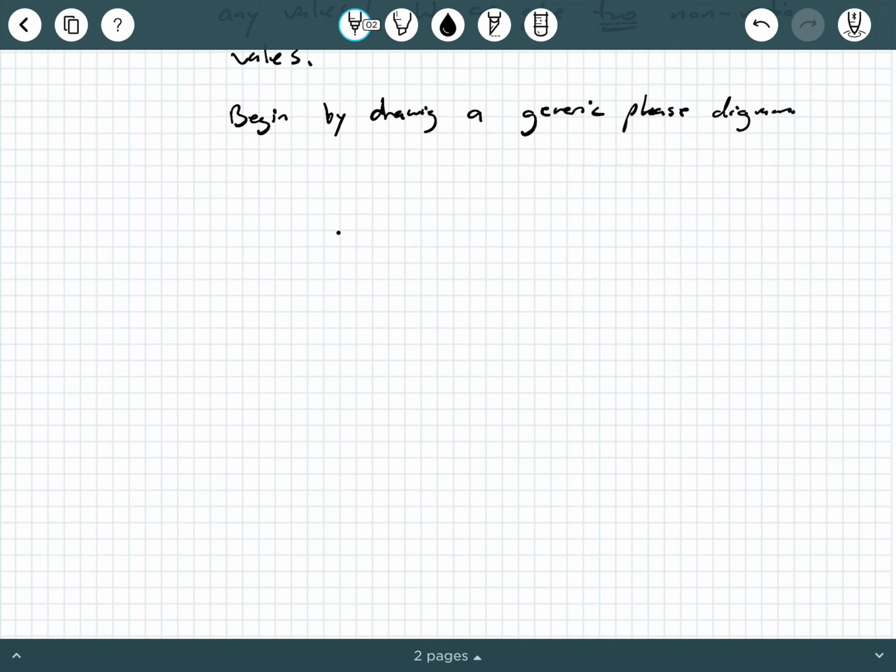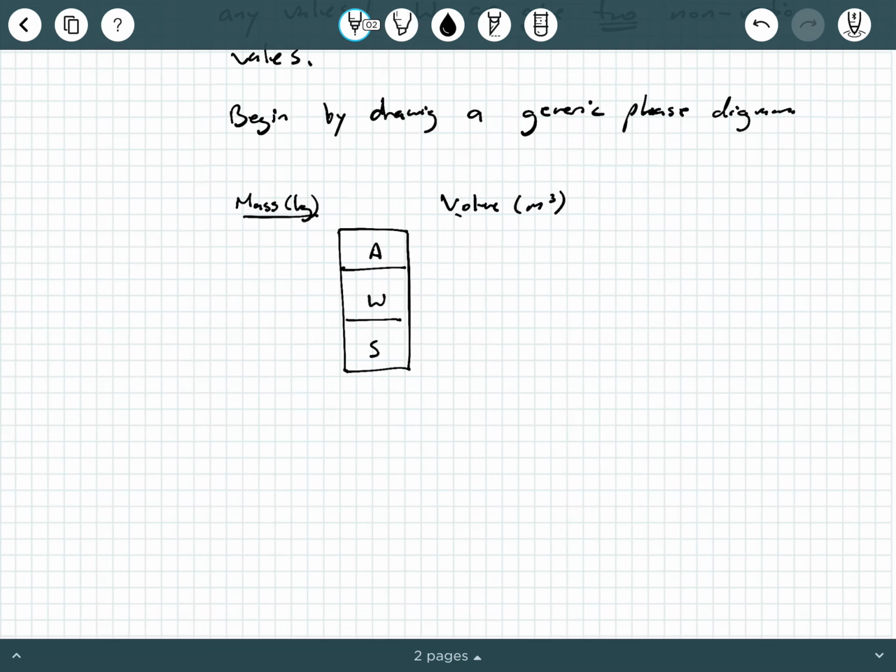So let's draw this generic phase diagram. Of course, we have air, water, and soil. Let's make the left side mass in kilograms. It really doesn't matter which side is mass and which side is volume. We'll make the right side volume in meters cubed.